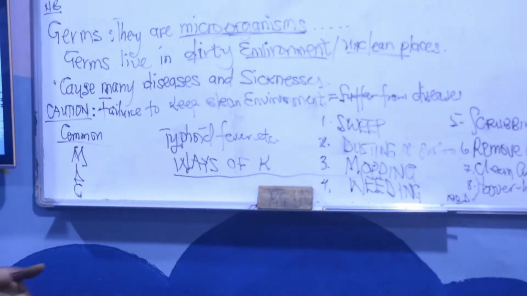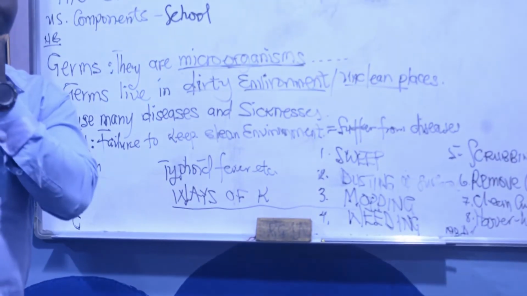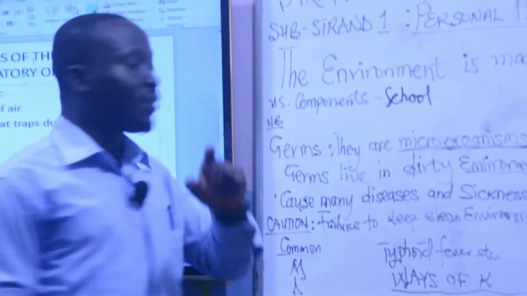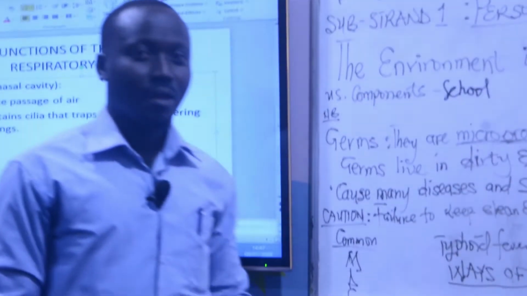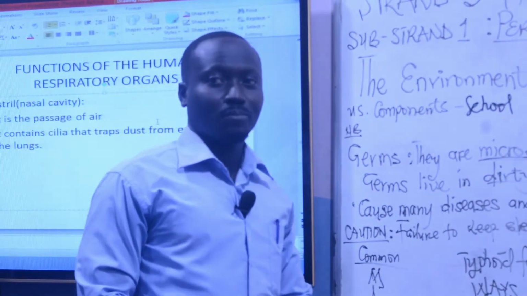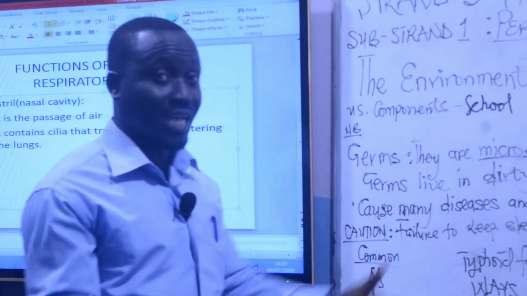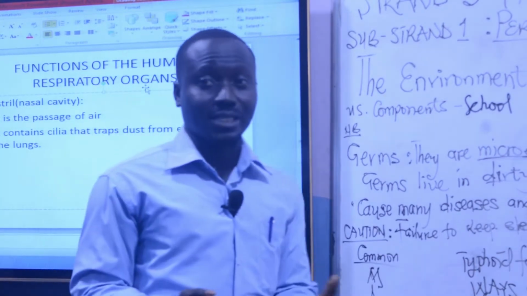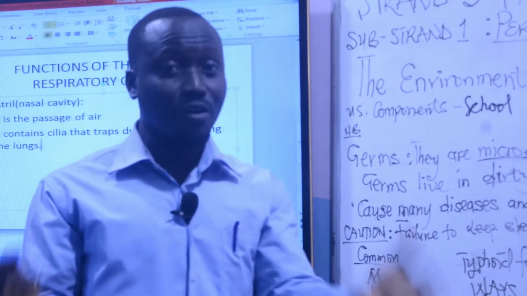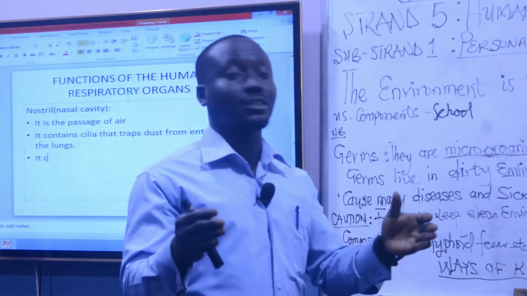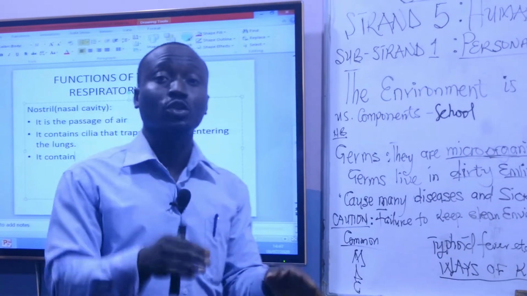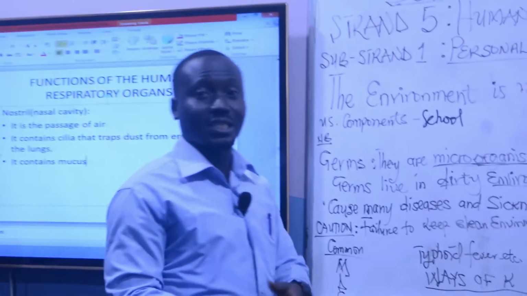Imagine the school environment is unclean. That means the school environment will be full of germs. And we know very well that germs cause many diseases. Most of the diseases are actually caused by these germs. In other words, when you live in an unclean or dirty environment, you are always going to fall sick because of these germs causing diseases.